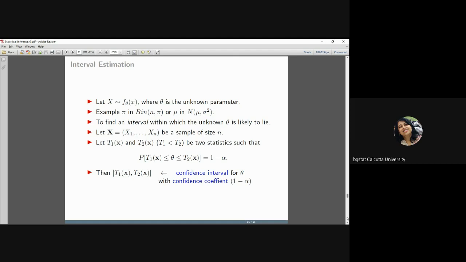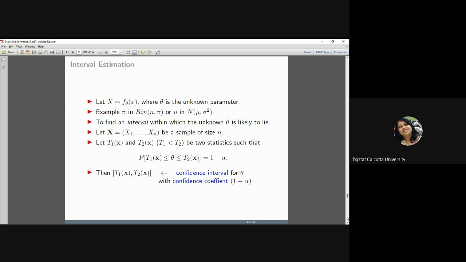Given a sample x, which is x1, x2, up to xn, a sample of size n, I calculate two bounds. One is T1(x), which is the lower bound. Another is T2(x), which is the upper bound. And these bounds are calculated such that the probability of the true unknown parameter theta lying between the two bounds is some quantity 1 minus alpha.